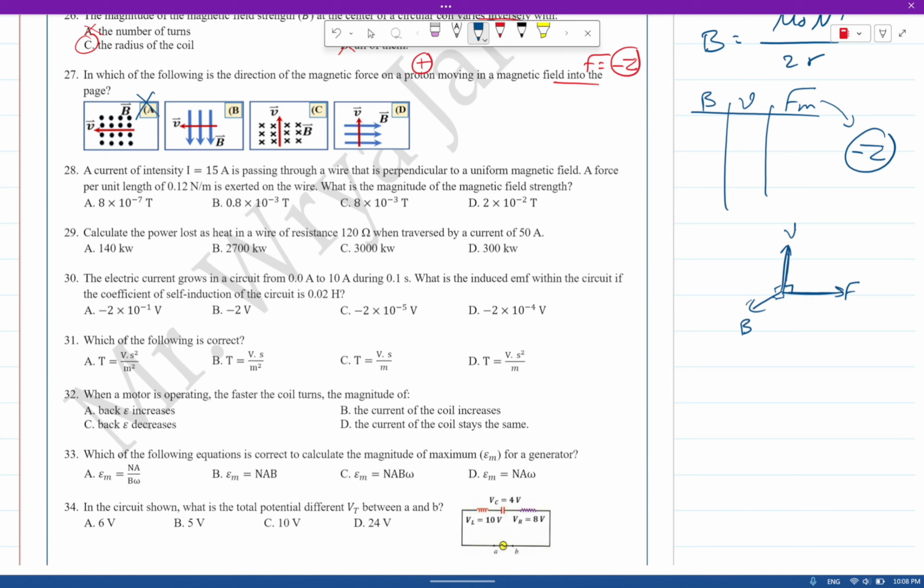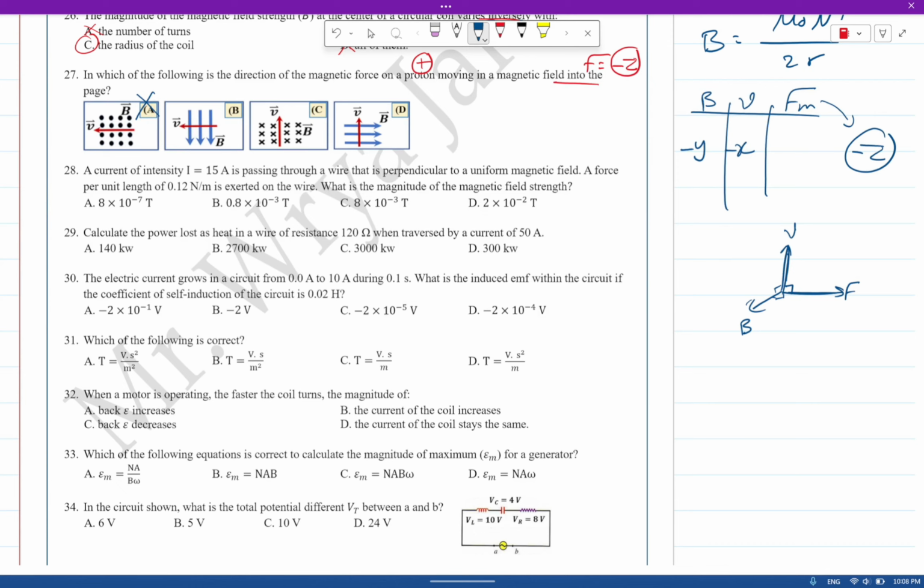The magnetic field is downward, y negative, and then the velocity is x negative. So these are on different, separate axes, but let's see if it is correct. Your fingers should be pointing downward, basically towards your back.